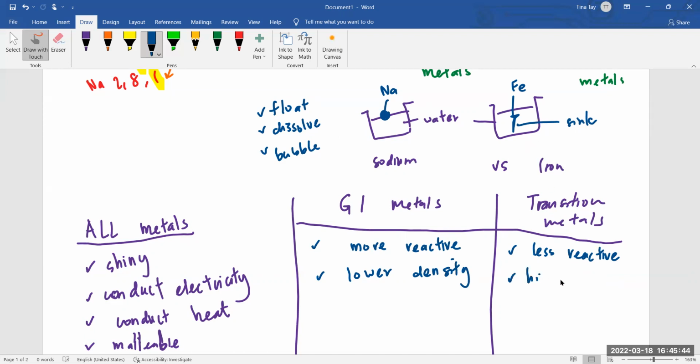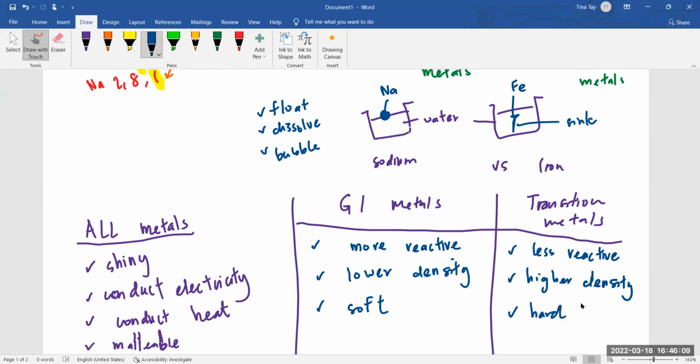They have higher density. When I want to use a piece of sodium, I can take a knife and just cut it, because these are soft metals. The metals are like butter. They have a feeling of butter. They're all soft. This one is hard.